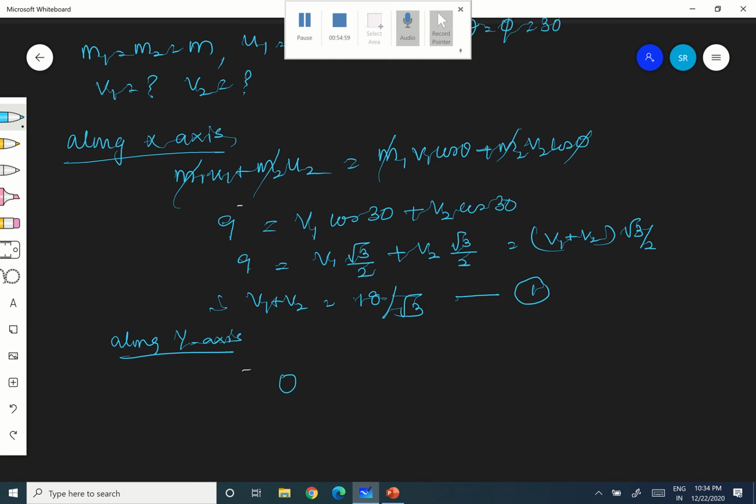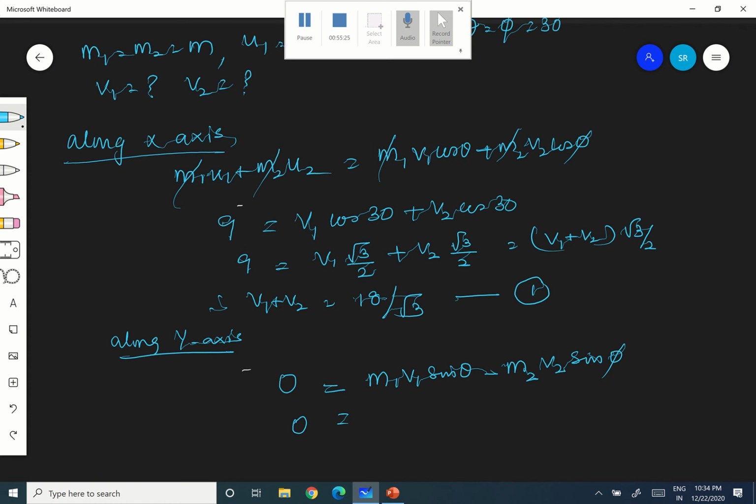But the final momentum along the y-axis is m1 v1 sin theta minus m2 v2 sin phi. Therefore, that is equal to 0.